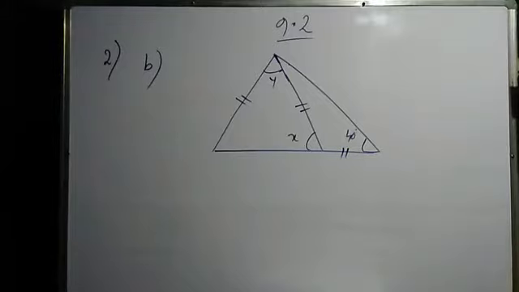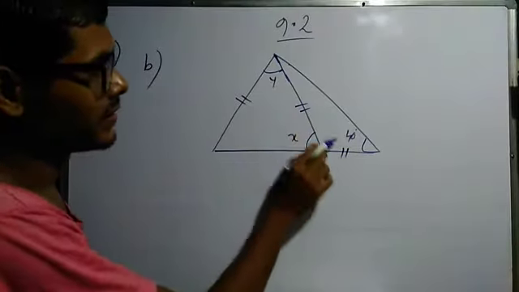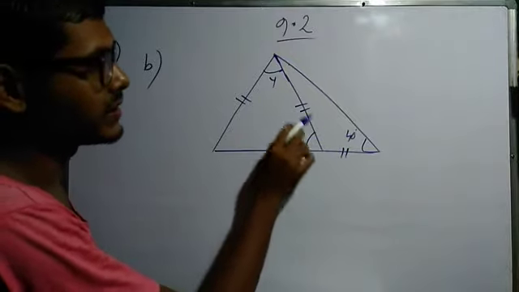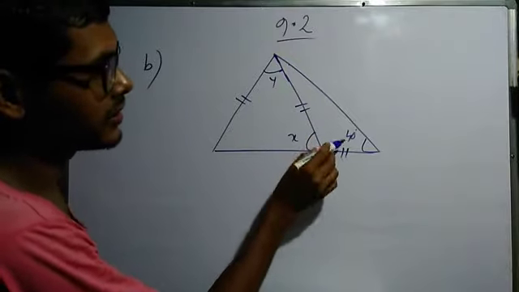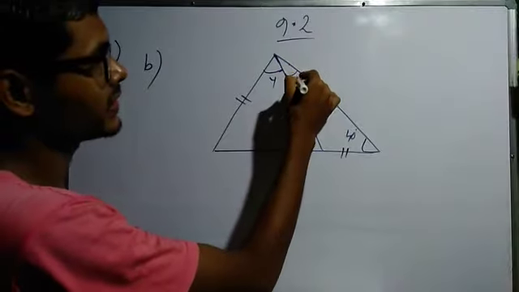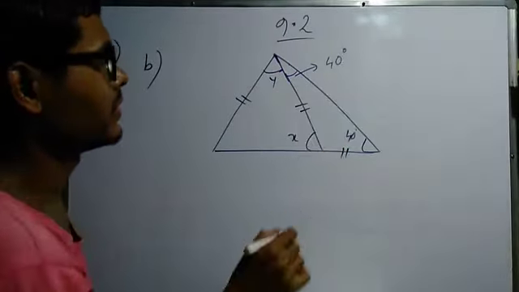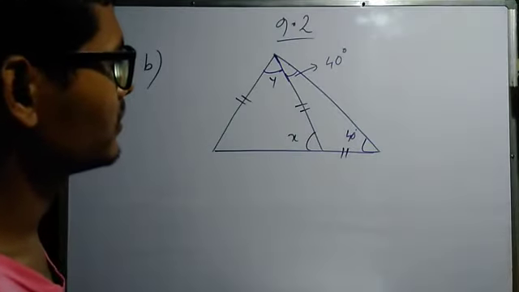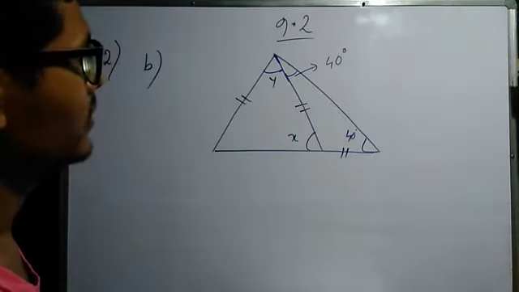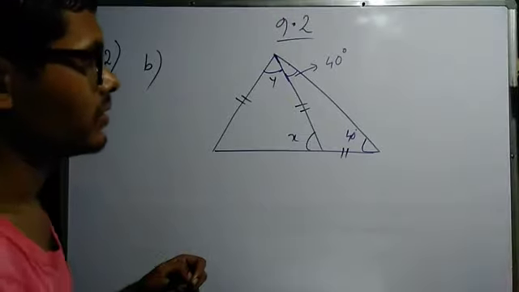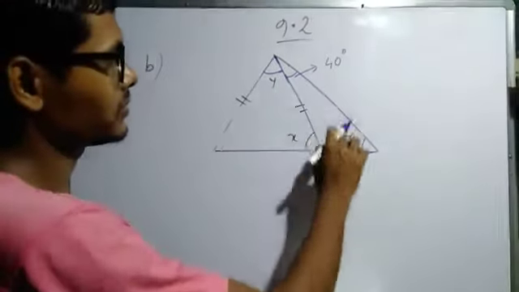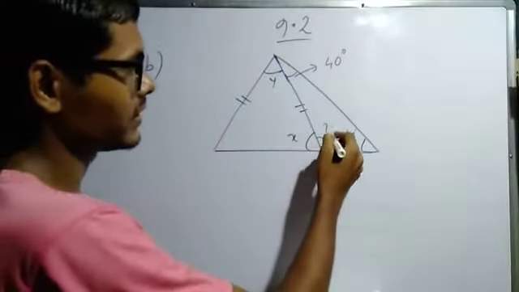Now I will do question number 2b. Here these two cross signs mean these two sides are equal. If this angle is 40 degree, then this angle is also 40 degree. Now 40 plus 40. Now calculate this question mark angle.